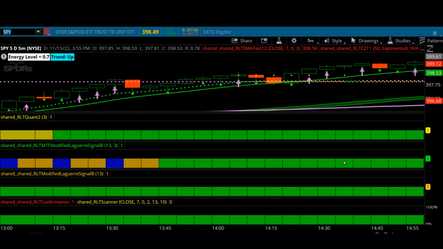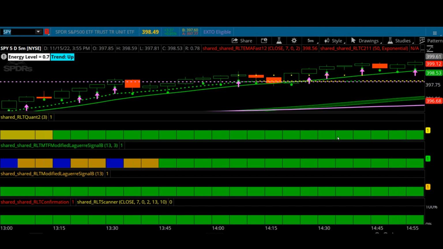This second line just above it identifies multi-time frame momentum. And this top line is called a quant, which looks at other stocks or instruments that move in conjunction with that particular instrument 70% of the time or more. If they do, you get green for bullish and red for bearish.